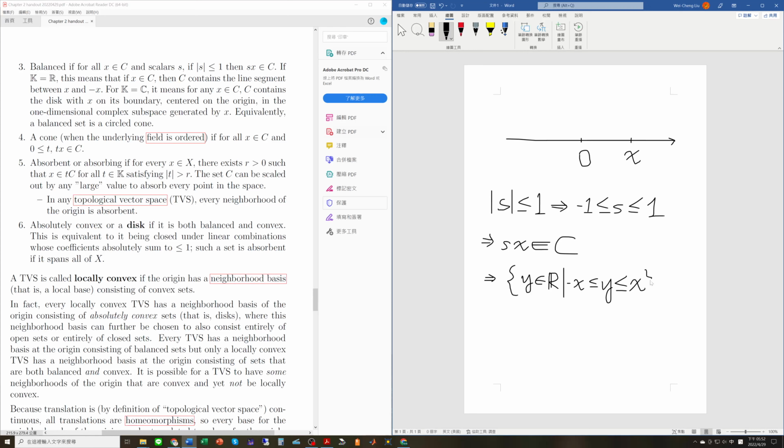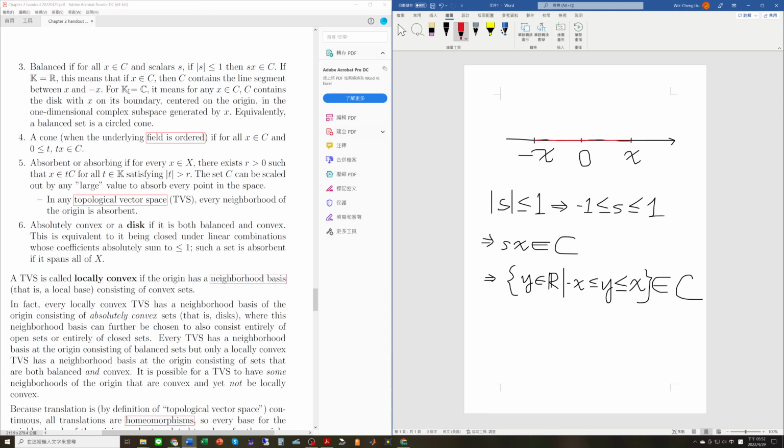This set also belongs to C. Let us label the point minus x here, and draw the line of this set. So this set is in C. It is the line segment between x and minus x.